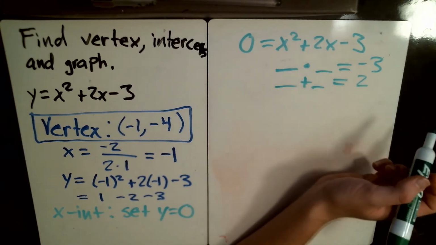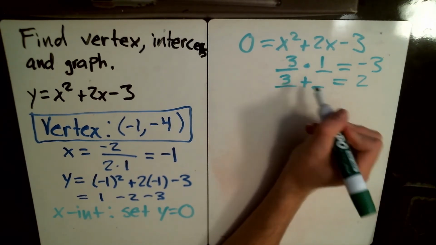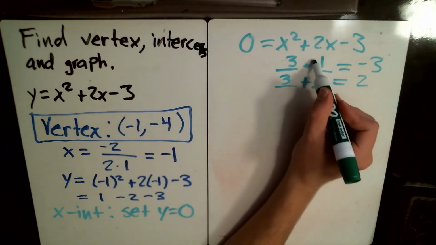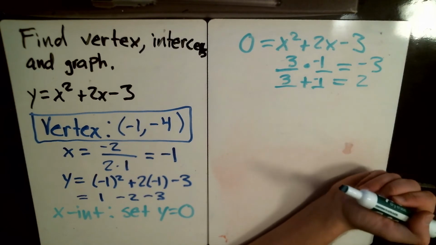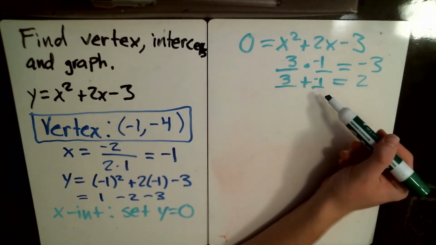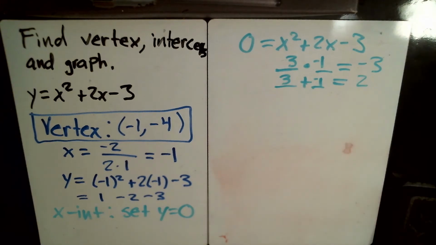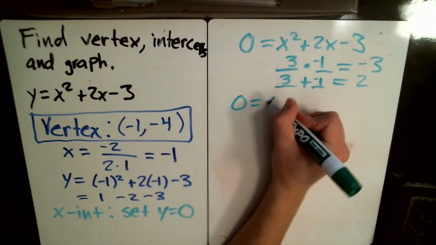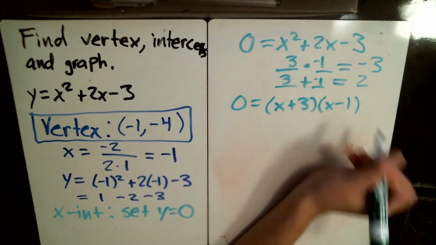So we should get here, I think 3 and 1 is probably what we're going for. And we'll put a negative on the 1 so that 3 times negative 1 is negative 3, and 3 plus negative 1 is 2. Okay, so that works. So that factors. So we get 0 is x plus 3, x minus 1.